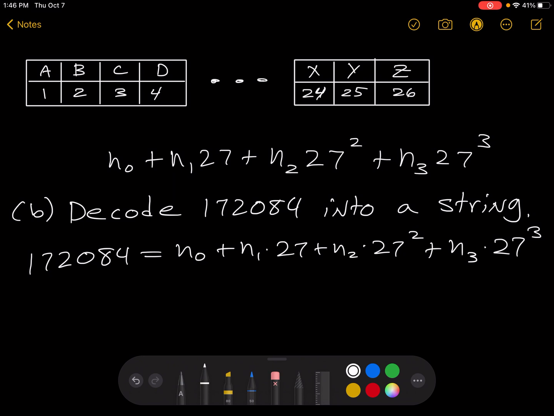The way we're going to do that is we're going to mod out by 27. So we're going to look at this equation mod 27. And notice that mod 27, n1 times 27 goes away. That becomes 0. This is because 27 is congruent to 0 mod 27. Similarly, 27 squared is congruent to 0 squared, or 0 mod 27, so that'll go away. And for similar reasons, that'll go away.